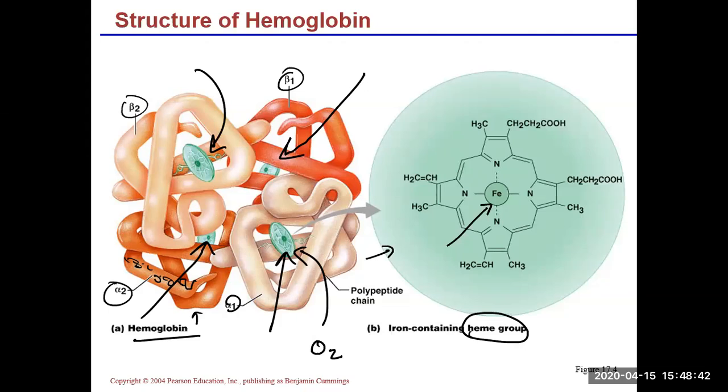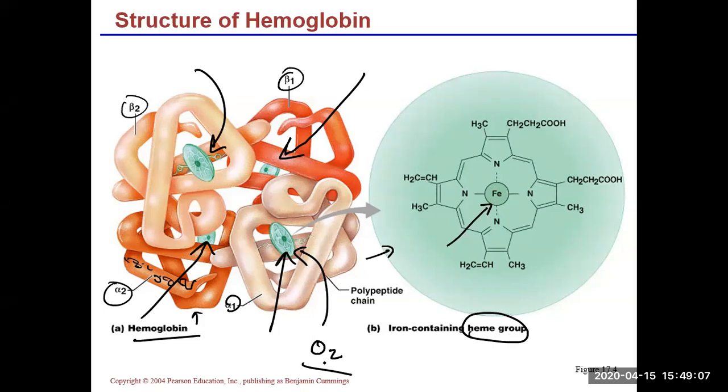Another important issue is having the right amount or concentration of hemoglobin. If your red blood cell count is normal, but you don't have that much hemoglobin, you're still not going to be able to deliver the oxygen.